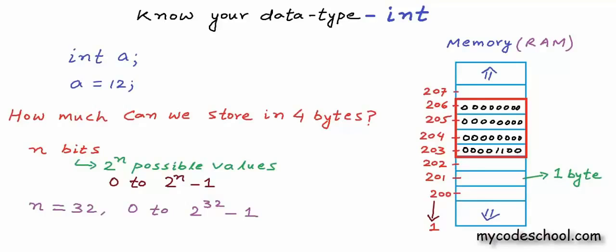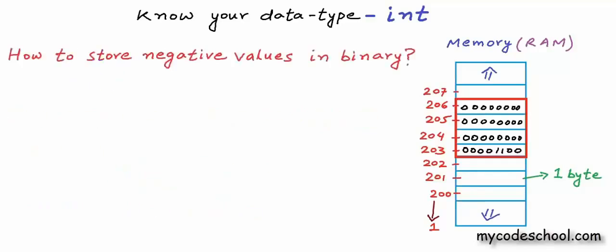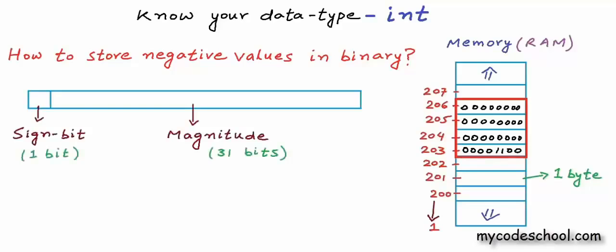First of all, how do you think we can store negative values in binary? One of the things that we can do is use one of the bits to store the information whether it's a positive number or a negative number, and we can use the rest of the bits to store the magnitude or absolute value. So if we have 32 bits, we can do something like this.